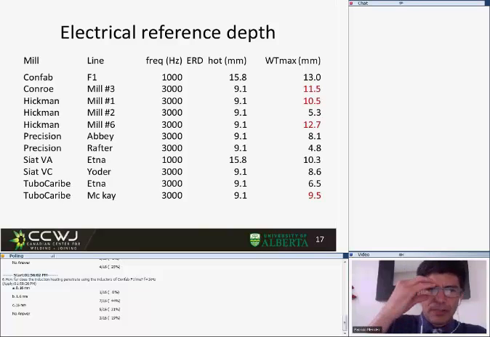And what do we see? That, for example, at Confab F1, the electrical reference depth is bigger than the wall thickness. That means even if I don't have heat conduction across the wall, I'm going to get a relatively uniform wall temperature. But conversely, if we look at Conroe, mill number 3, the electrical reference depth is smaller than the wall thickness.